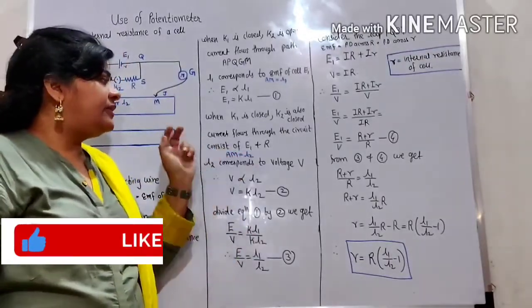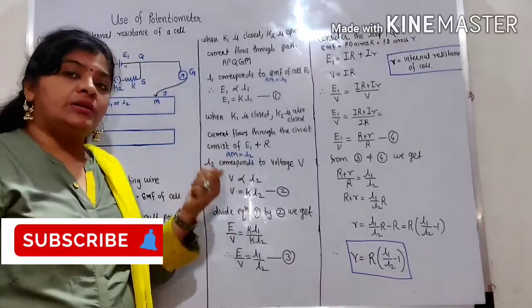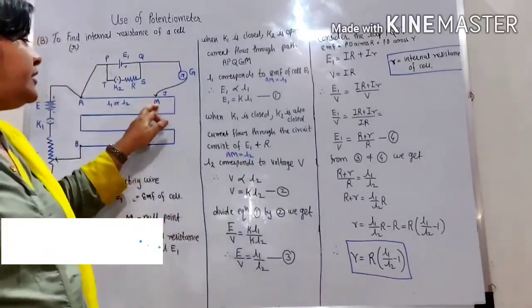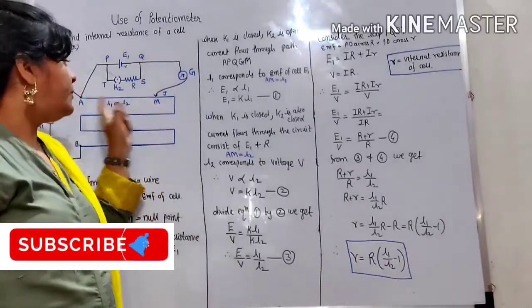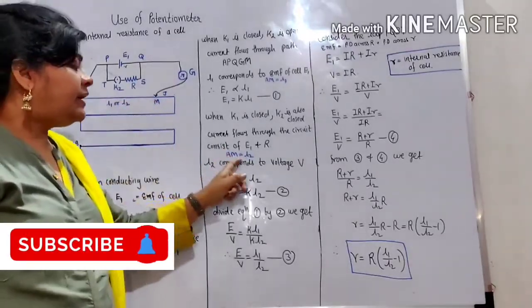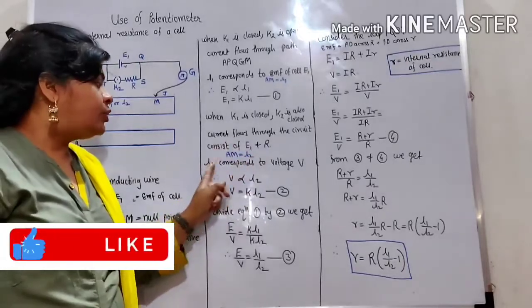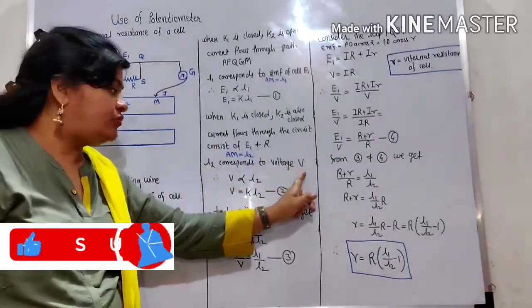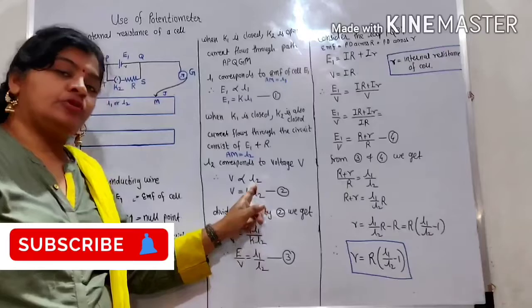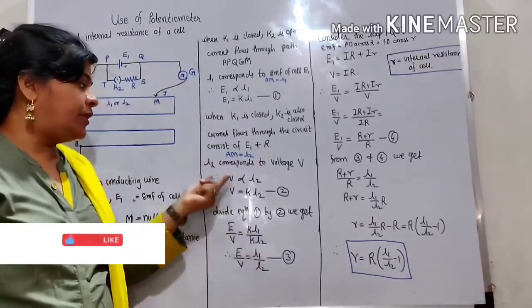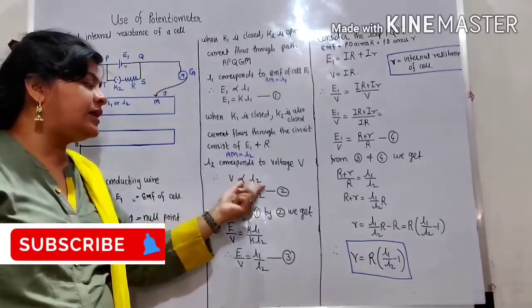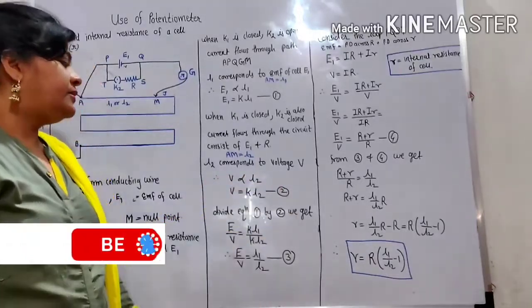Therefore, in the second procedure, when the galvanometer shows null deflection, that point is the null point M. Measure AM, and that AM is taken as L2, corresponding to the voltage V. According to the principle of the potentiometer, the potential difference between two points is directly proportional to the length between them.